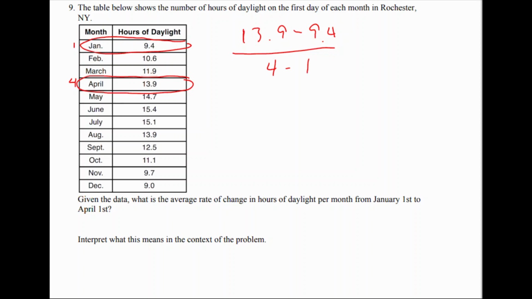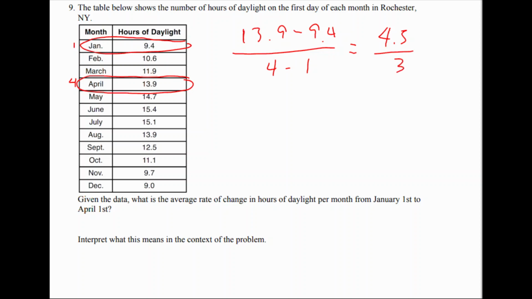The difference between 13.9 and 9.4 is 4.5, and we divide that by 4 minus 1, which is 3.